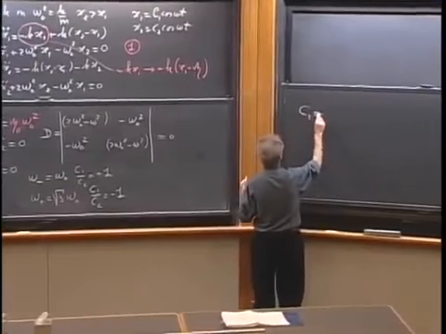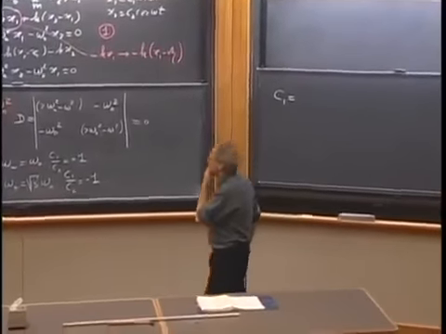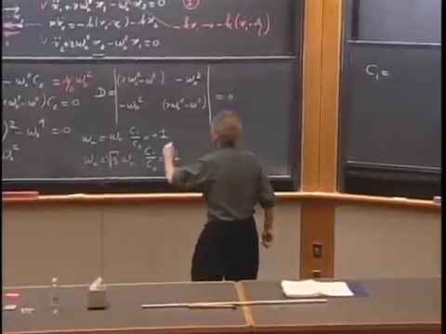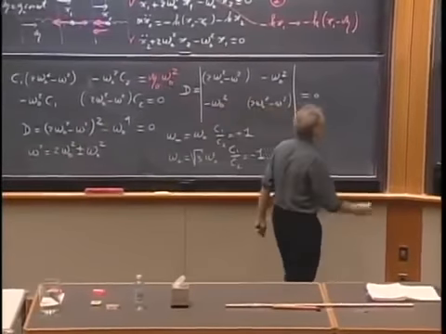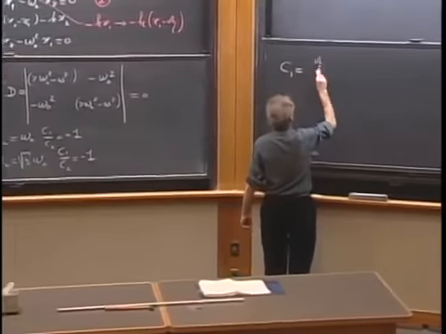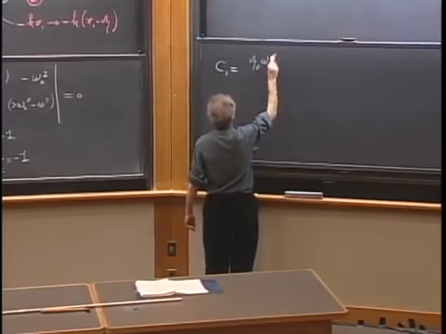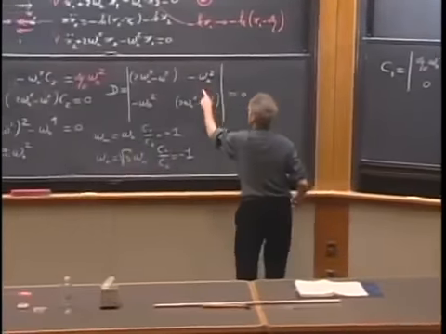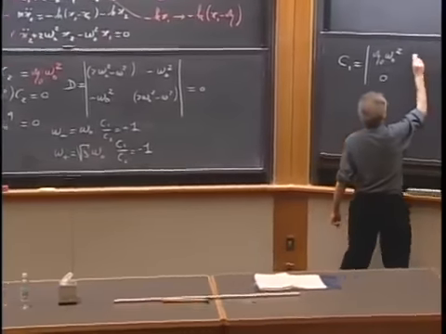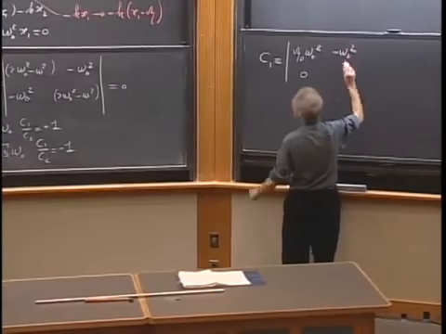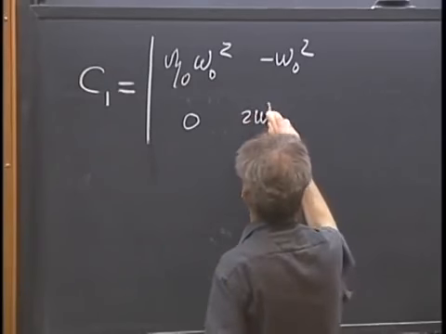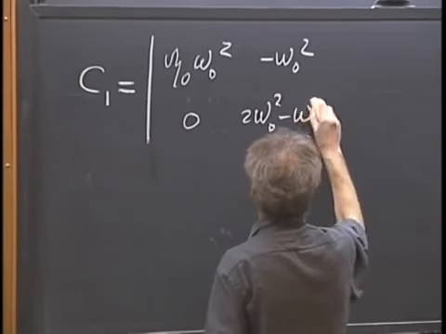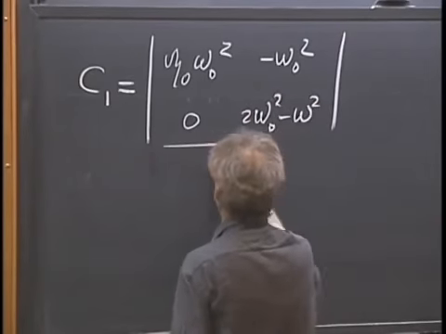So C1 now, using Cramer's rule, this now is my first column, eta 0 omega 0 squared, 0, and this now becomes my second column, minus omega 0 squared, and I get here 2 omega 0 squared minus omega squared divided by d.